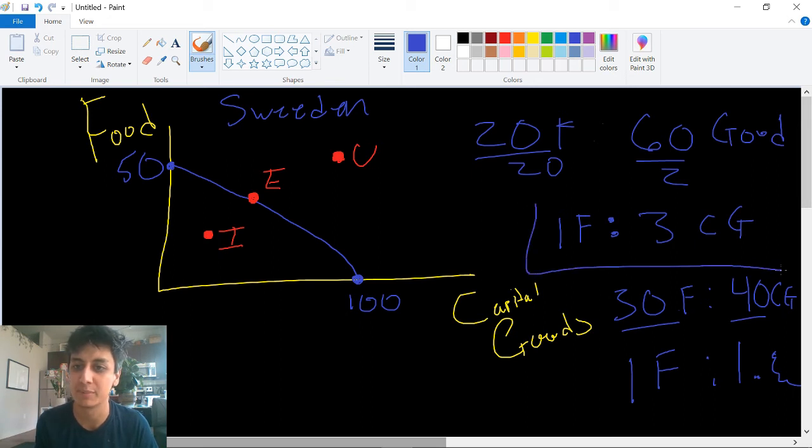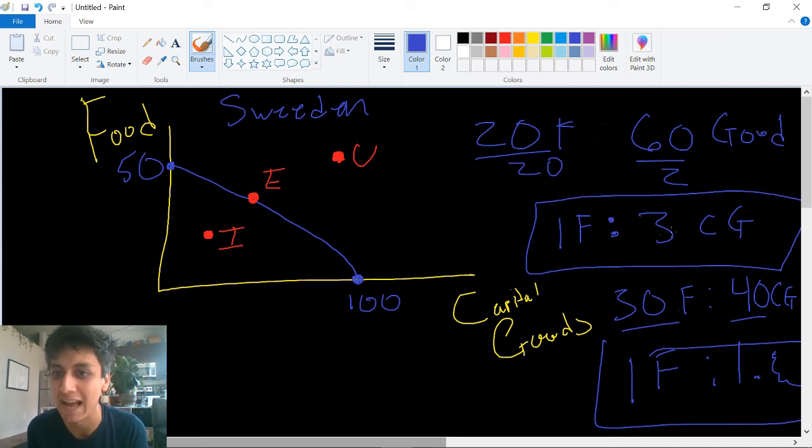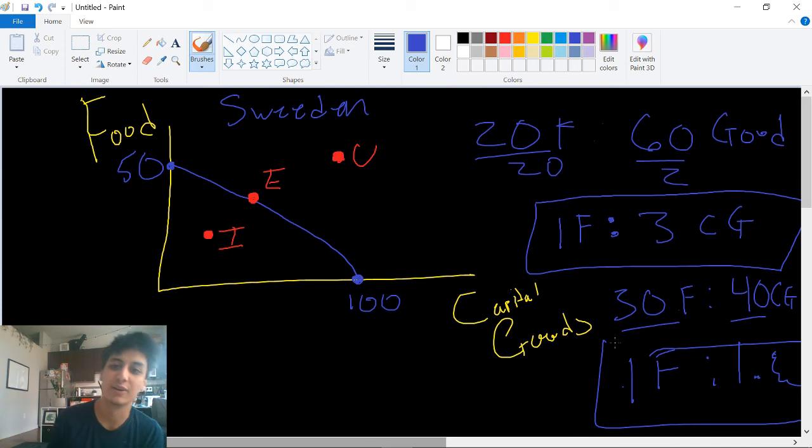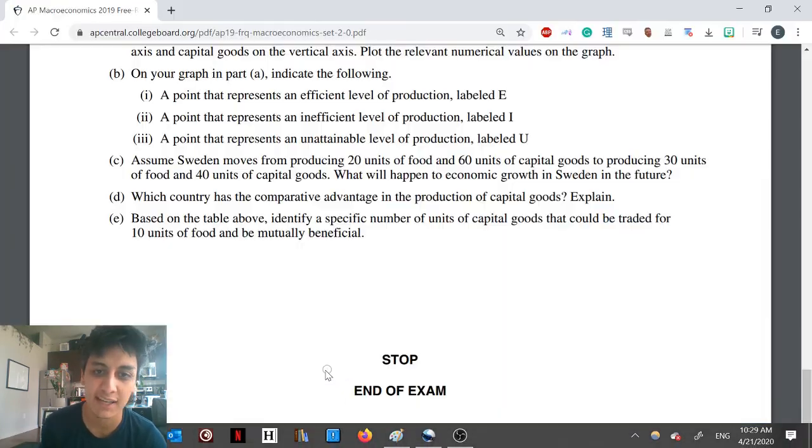You're just asking which is better. Of course, we want to be producing with the higher numbers, right? We would rather produce 3 capital goods and lose 1 food, as opposed to producing 1.3 capital goods for the sake of 1 food. We're decreasing. Our economy is decreasing. Our economy is going down. What's the exact question?